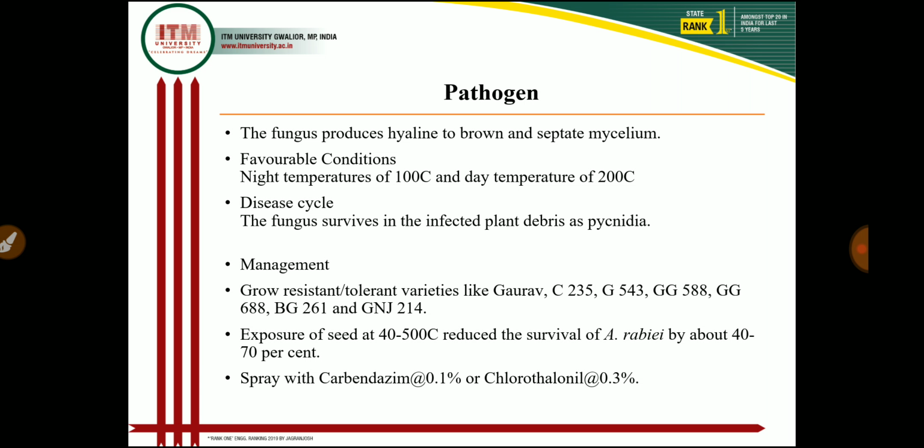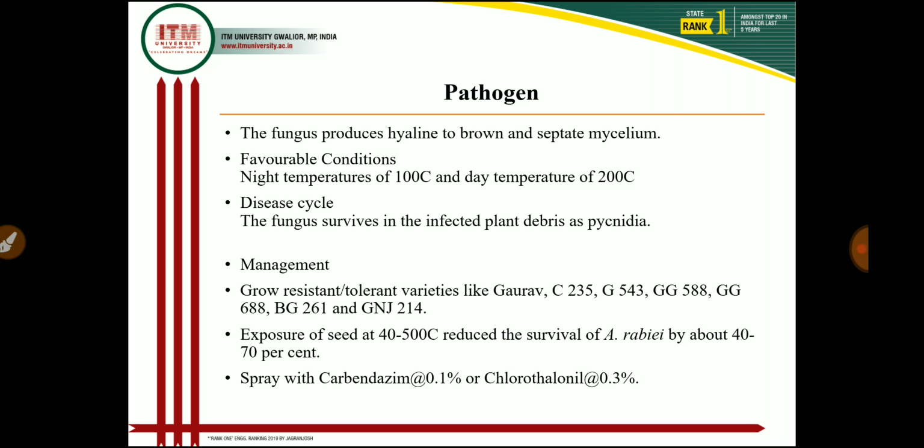In the management part, if we grow resistant or tolerant cultivars such as GG 235, GG 543, GG 588, GG 688, BG 261, and GNG 214, then by cultivation of these resistant or tolerant varieties we control Ascochyta blight disease.